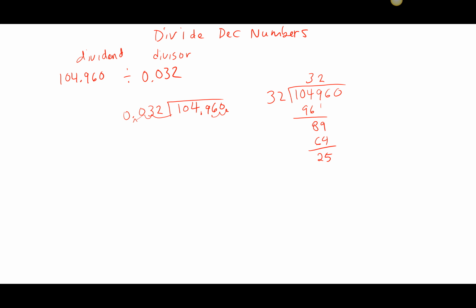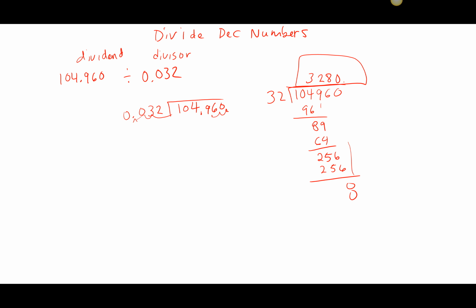Bring down the 6. 256. It'll be 8 times. 8 times 32 is 256. So that's going to be 0. We bring the 0 down, and that's going to be 0. So now our number, we'll fix that there, is going to be 3,280, and that's our answer.